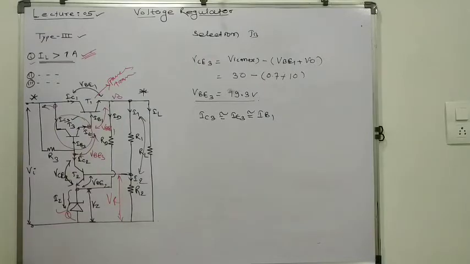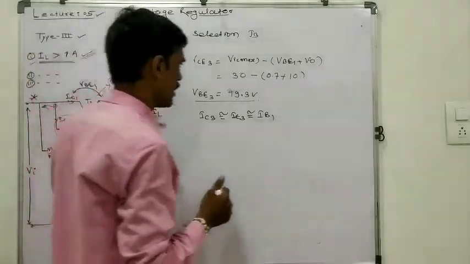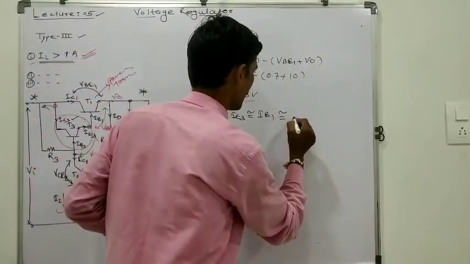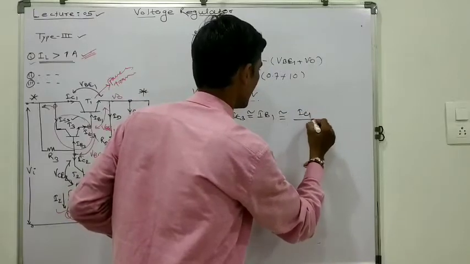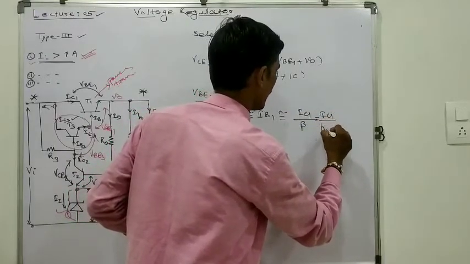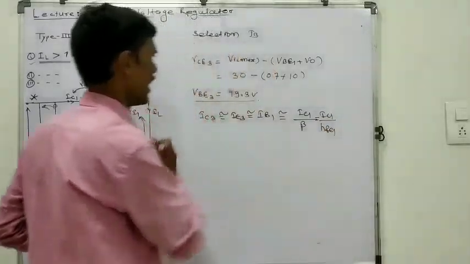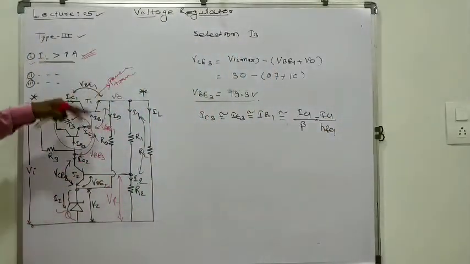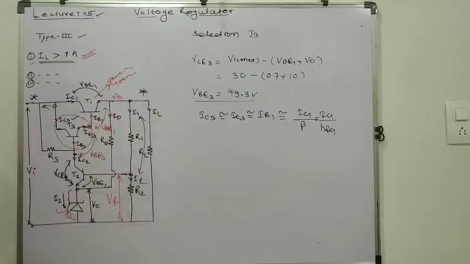Now if we know the value of IC1, we can calculate IC3. It is approximately IC1 divided by beta, or IC1 divided by HFE1, as we selected transistor T1 with HFE equal to 30.